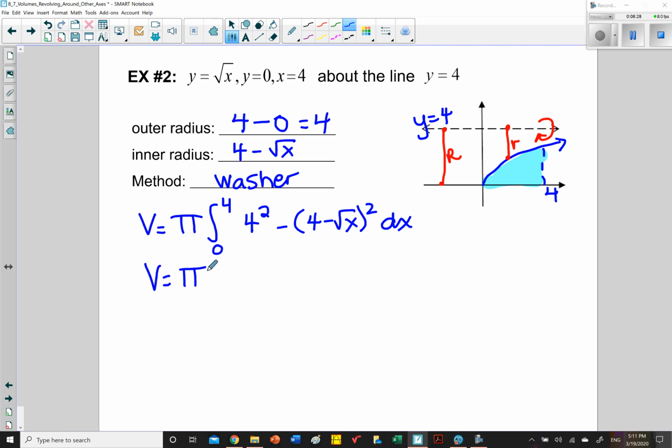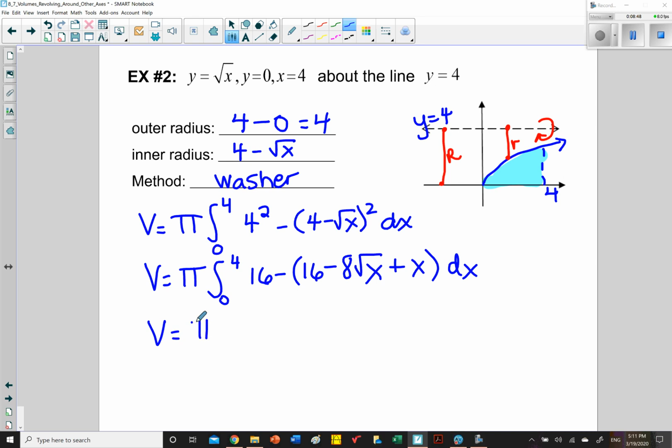You expand all of that from 0 to 4. We have 16 minus 8 square roots of x plus x dx. And the 16 minus the 16 is going to cancel out, and we'll end up with a positive 8 square roots of x minus x.